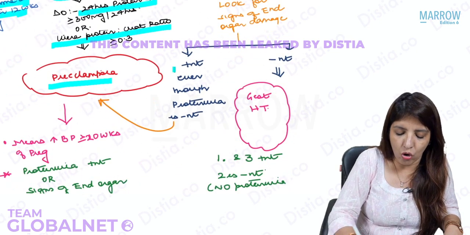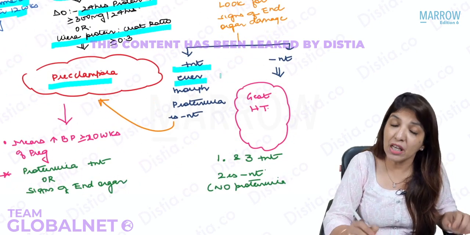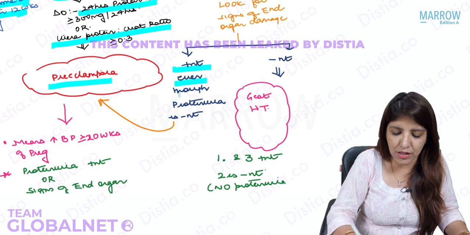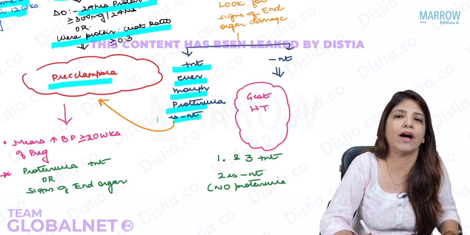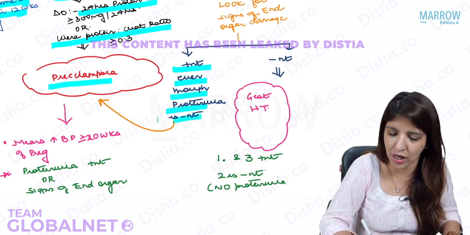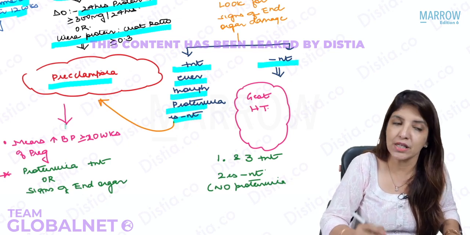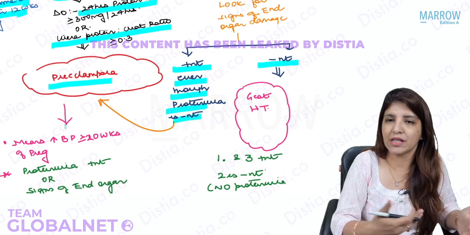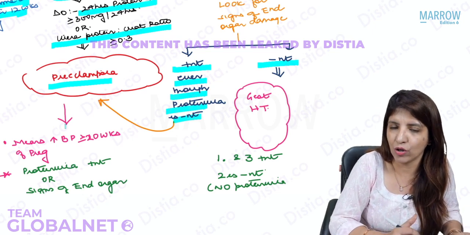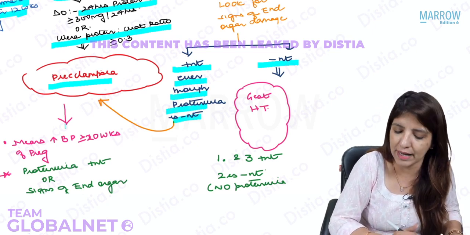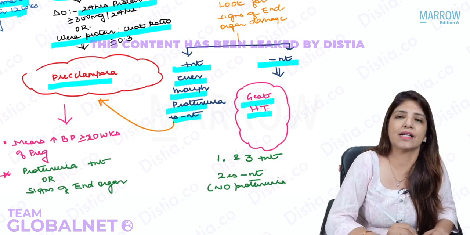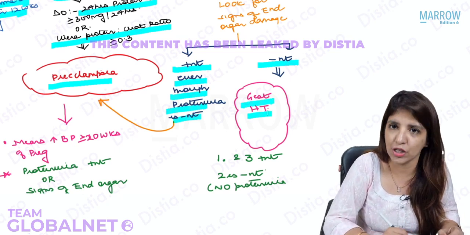Now, if end organ damage is present, even though proteinuria was absent, still I am going to classify her as a case of preeclampsia. But if signs of end organ damage are absent and proteinuria was also absent, then I'm going to call her a case of gestational hypertension.